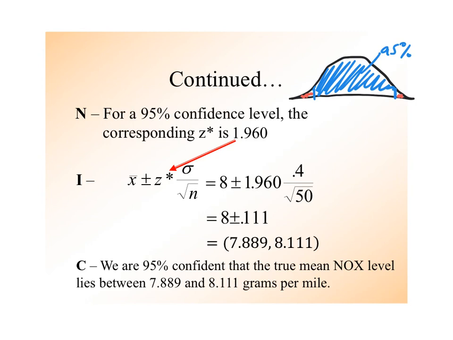What's 100 minus 95? That's 5%. 5 divided by 2, 2.5%. Okay, so what do you think we're going to look for in the table? That's right, 2.5%. Okay. So what z-value are we going to use? 1.96.